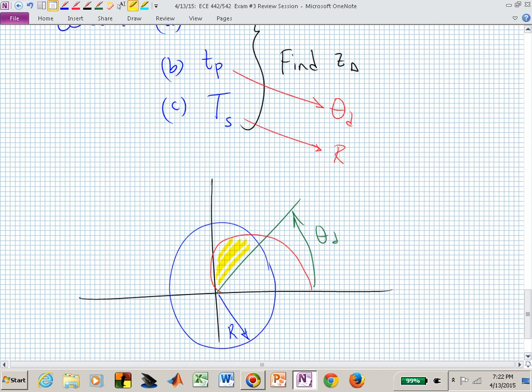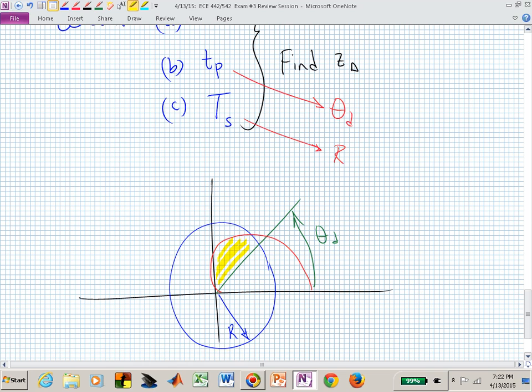Now if I had all three and they weren't consistent, what do you do? Let's say you have a percent overshoot spec, a time to peak spec, and a settling time spec, and they're not consistent. What are you going to do? You might need to know how they are not consistent. One is not meeting all of the other two.